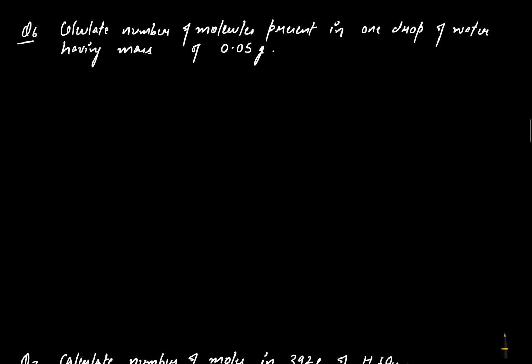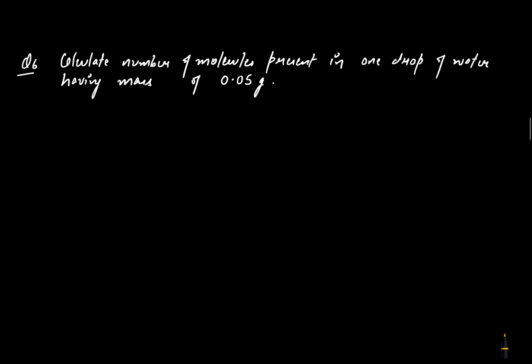The sixth numerical is asking: calculate the number of molecules present in one drop of water having mass 0.05 gram. This is a very simple one. It's H2O. I have just evaluated the mass of water, 18 grams, in the previous numerical.